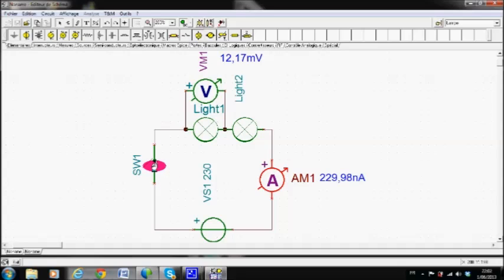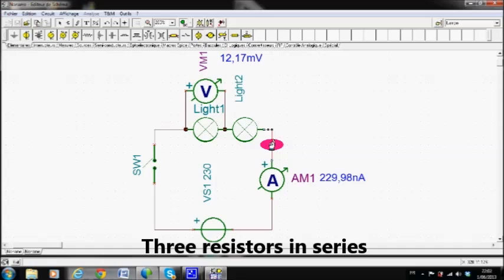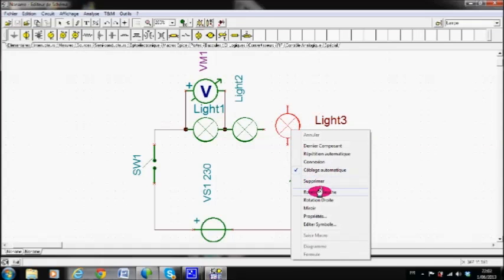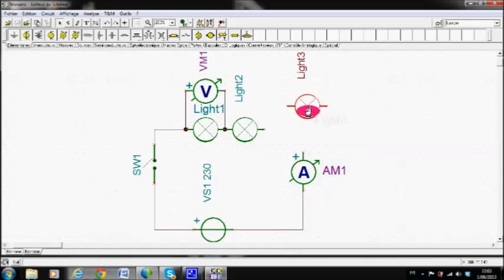Okay, very simple. I'm going to add a third resistor in my circuit. It will be very simple. I take one light bulb, and I just connect it here, and make the connection between this one and this one.